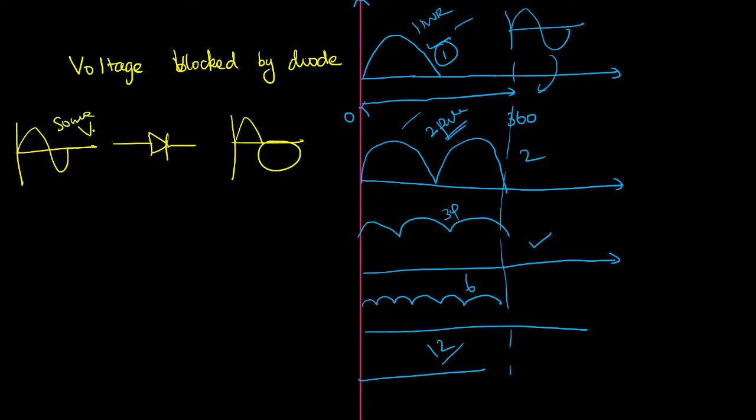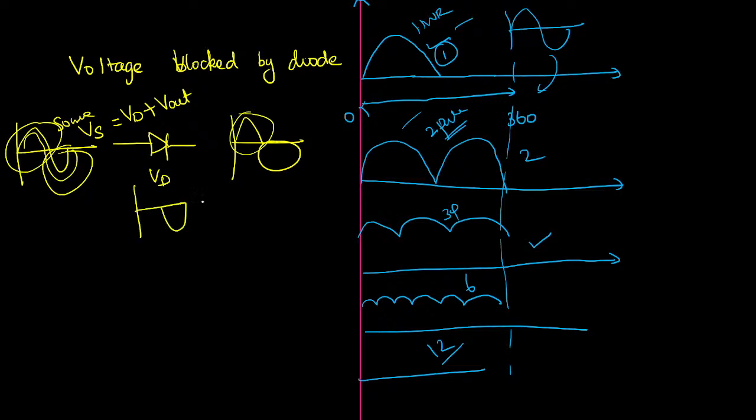So what I can say is the supply voltage will always be equal to the voltage drop across the diode plus the voltage drop across the output load. From the supply I have passed a complete cycle, but only one cycle is appearing on the output side. It indicates automatically that the other half will be blocked by the diode, or it will simply be dropped across the diode. So definitely we can draw like this. The other half of the voltage will be dropped across the diode.